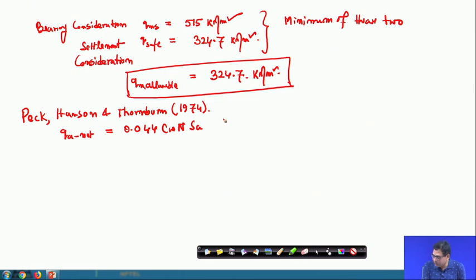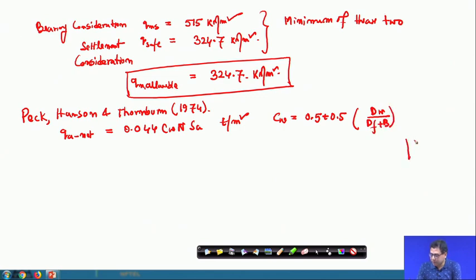So, this is in ton per meter square. N is the average N value, S is the permissible settlement, and Cw is equal to 0.5 plus 0.5 into dW divided by dF plus B.